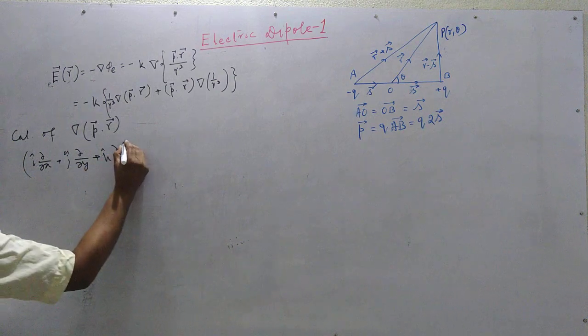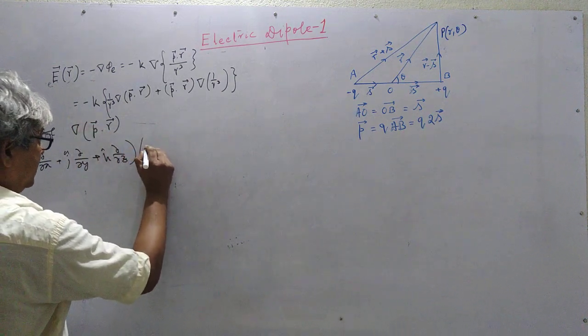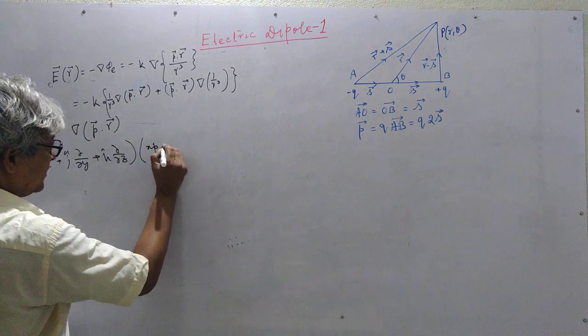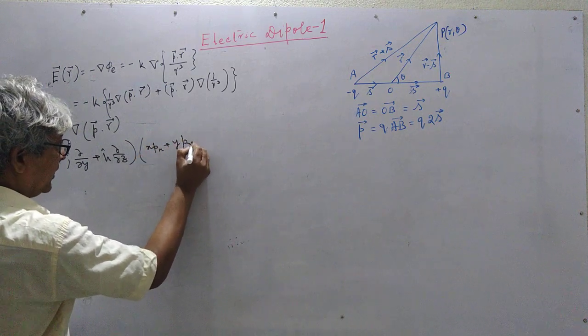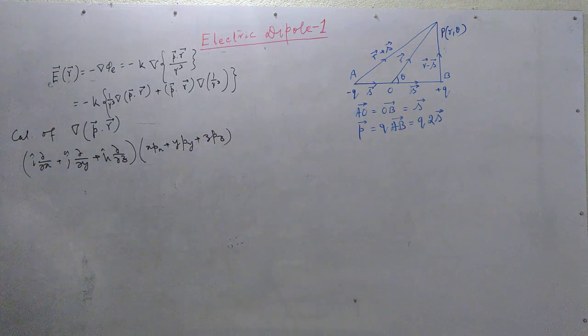This is the operator nabla times this part, x px plus y py plus z pz, where px, py, pz are the Cartesian components of the dipole moment.